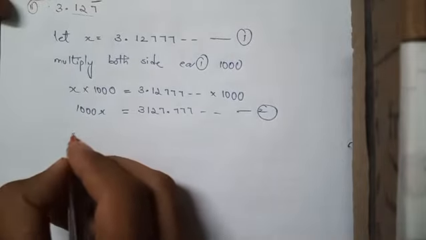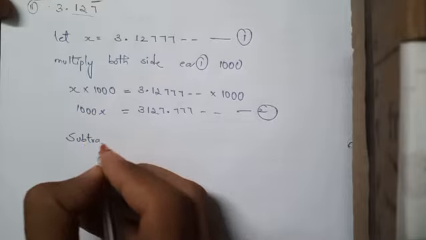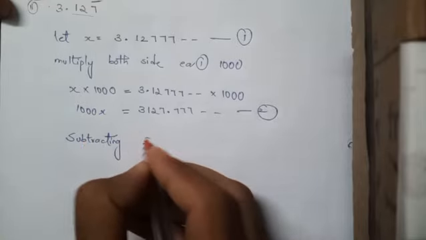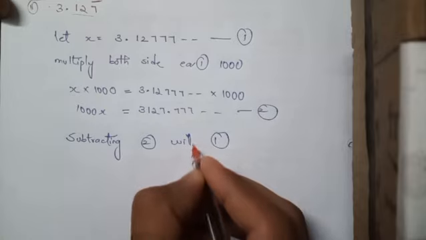Now the next step is subtraction, equation 2 minus equation 1.